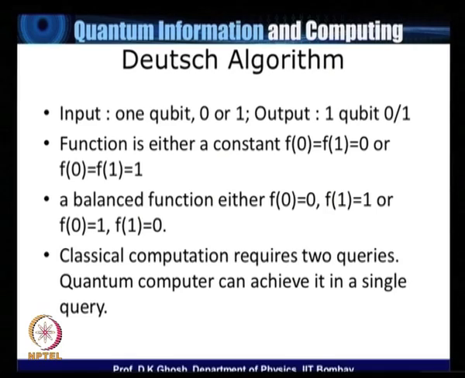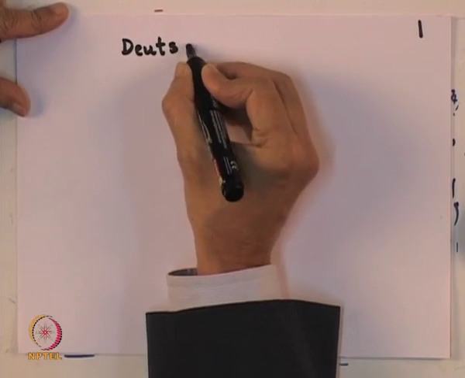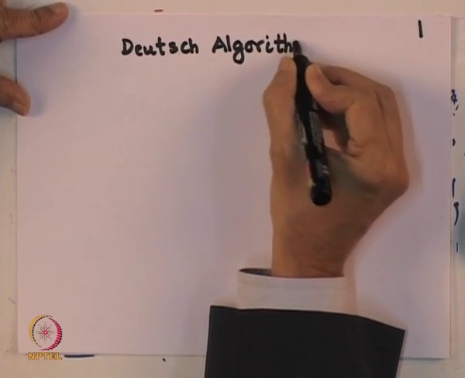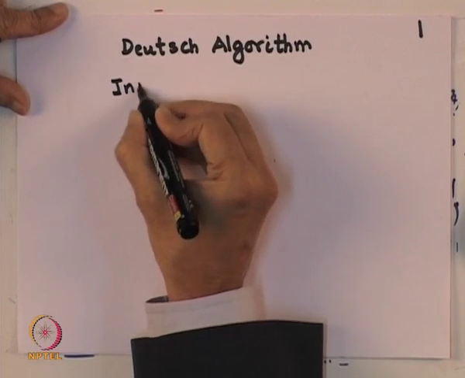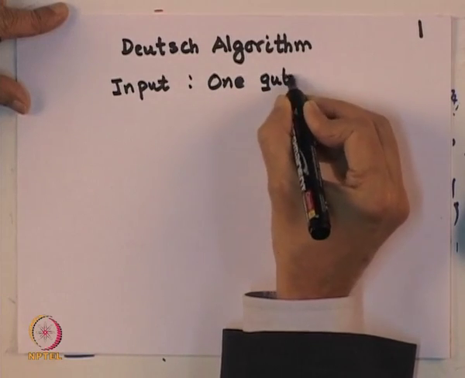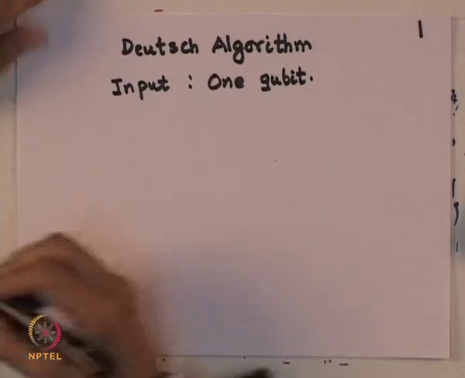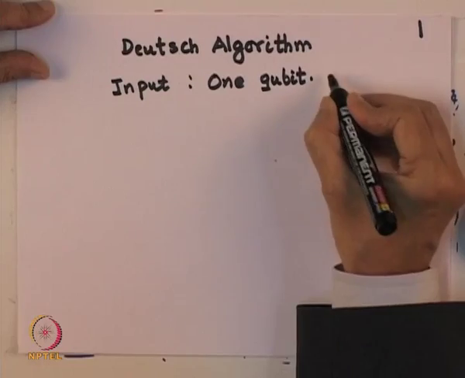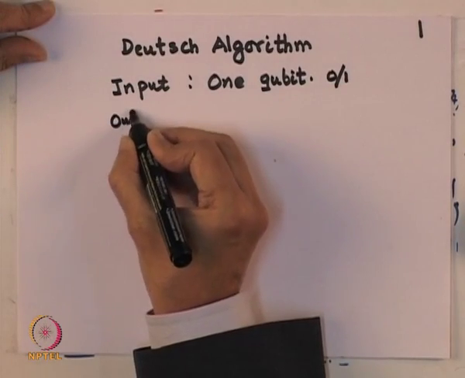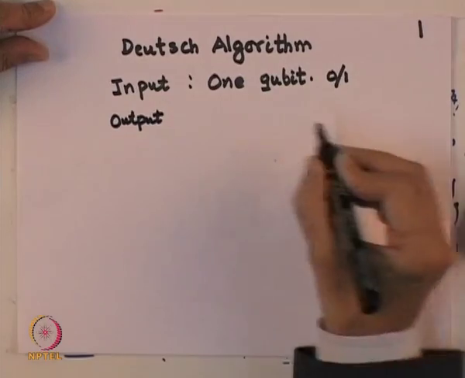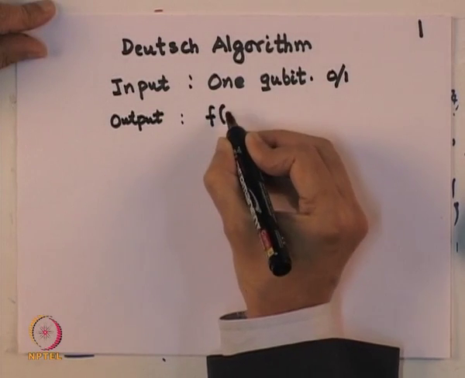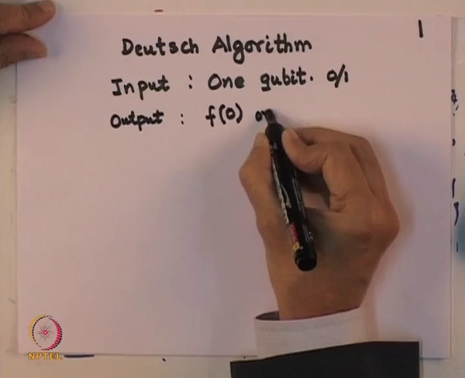So as we have said, in the Deutsch algorithm, the input is a 1 qubit state, which, as we have said, could be a 0 or 1 or a linear combination thereof. And the output is actually a calculation of a function. So we will calculate f0 or f1.